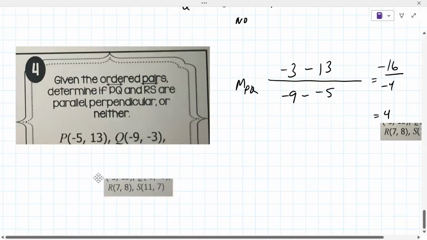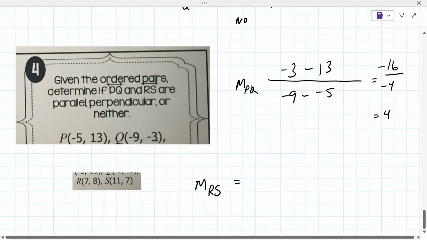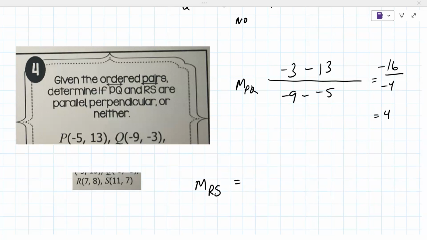Somehow you want to just ignore the other ones if you can. Okay. -1/4.